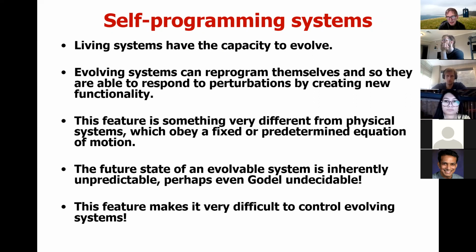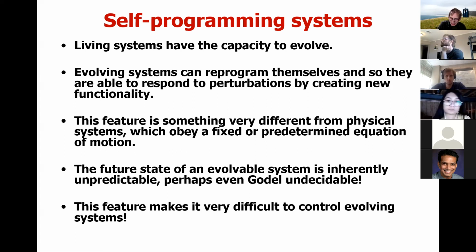Okay, so here's something which is very speculative, and I can't really tell you that this is true, or even that I know how to prove it if it is true. But the idea is that for such systems that reprogram themselves, their future evolution is unpredictable, perhaps even Gödel undecidable.